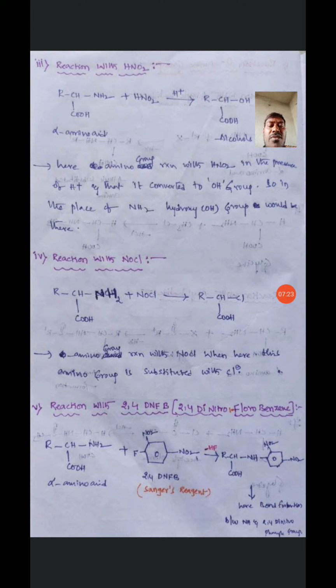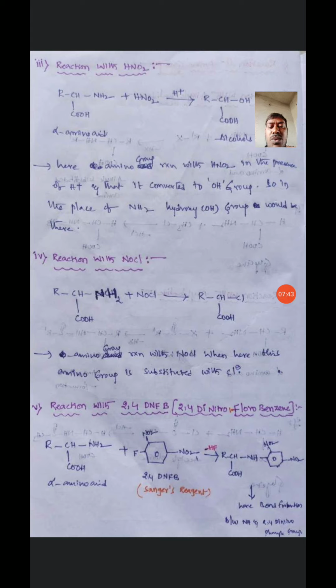So in the place of NH2, the hydroxy OH group is present. Alpha amino acids react with HNO2 in the presence of proton and form alcohols.